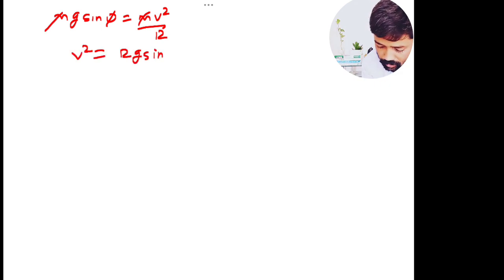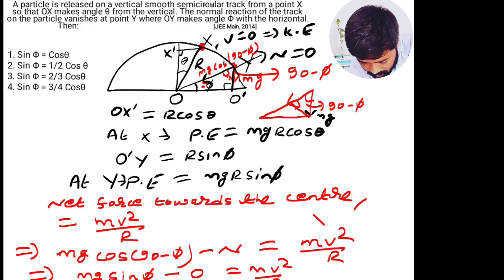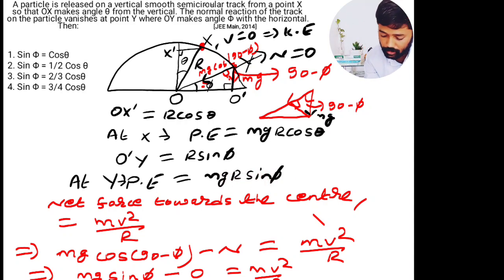This v square value we can use to calculate kinetic energy, because we have already calculated potential energy at this point y. Now we can use the energy conservation principle. Remember mgr cos theta is the initial total energy, which was only potential energy, as there was no kinetic energy because it was released at that point.